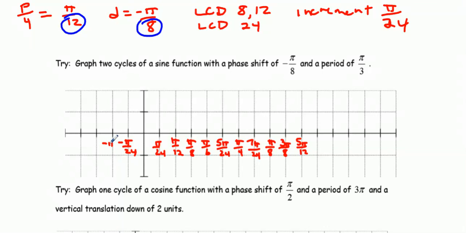So negative pi by 24, negative pi by 12, and then negative pi by 8.